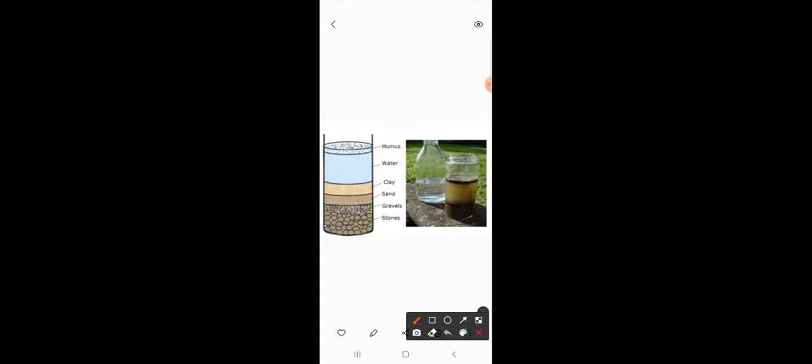Now take some soil and mix the soil in the water, and leave the beaker undisturbed for half an hour or for one hour.